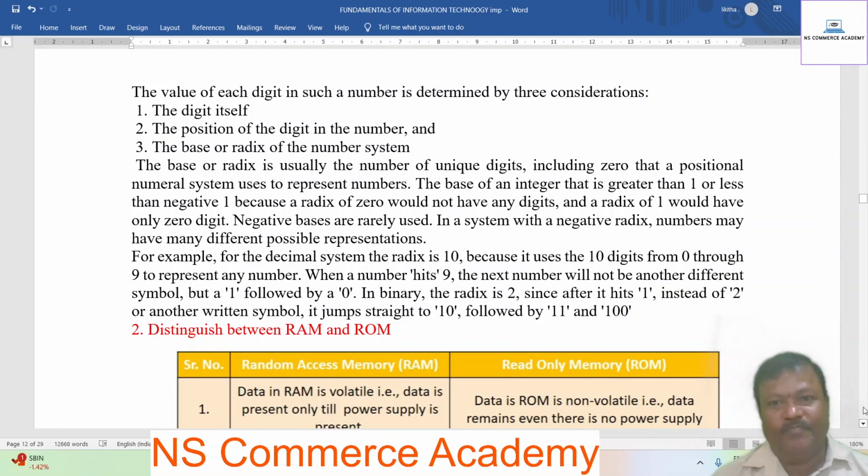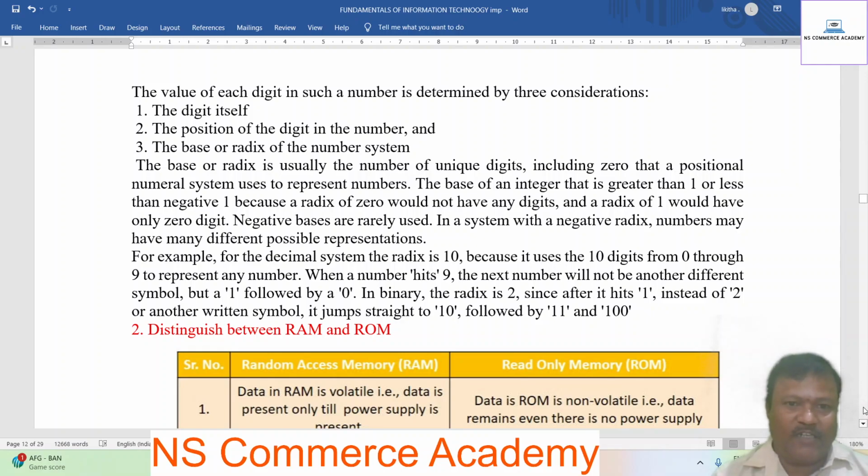The base is an integer that is greater than 1 or less than negative 1, because a radix of 0 would not have any digits, and a radix of 1 would have only 0 digits. Negative bases are rarely used.